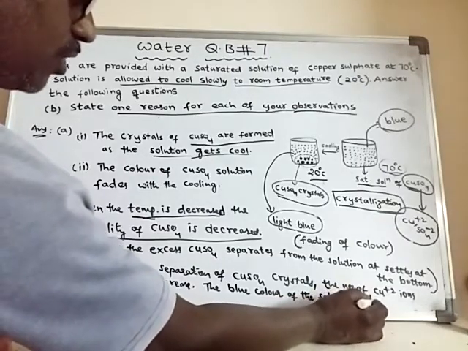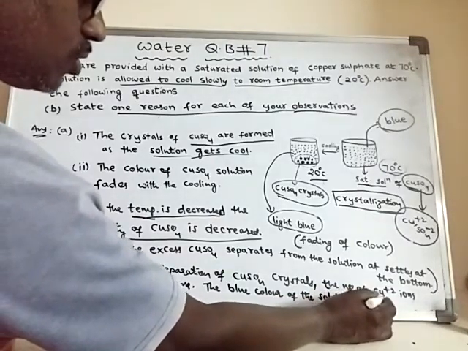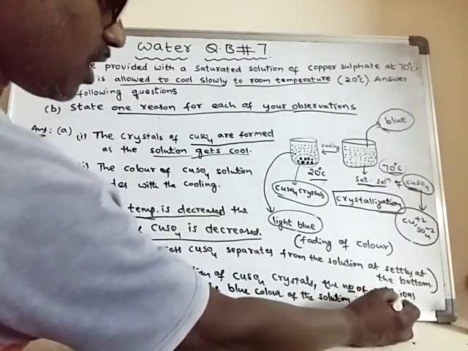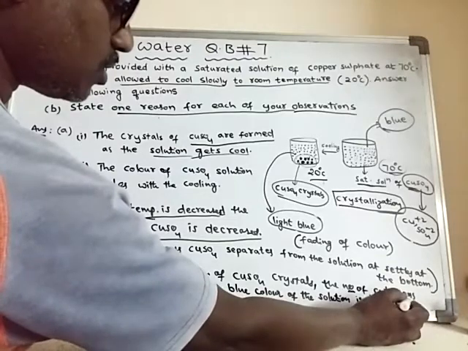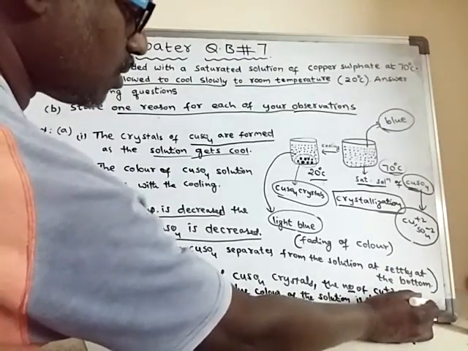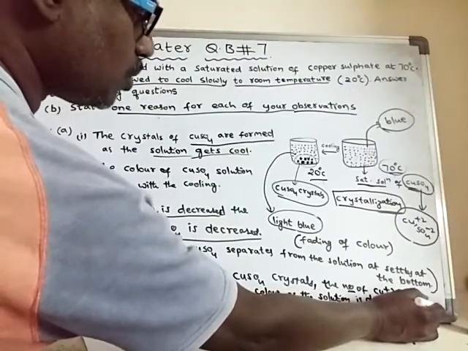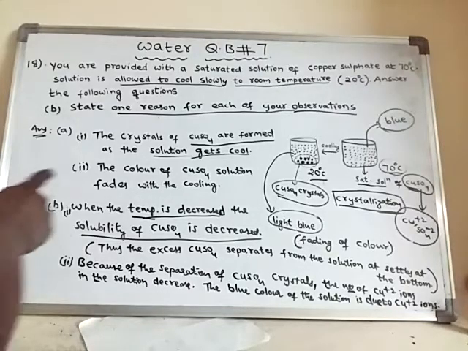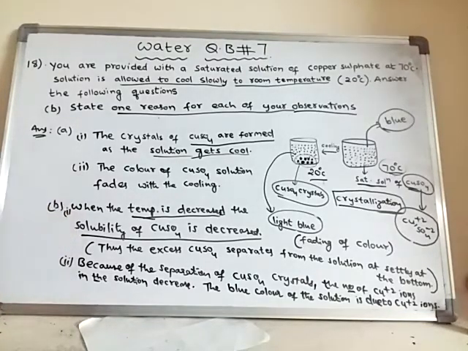The blue color of the solution is due to copper plus 2 ions. As the number of copper plus 2 ions decreases, the color of the solution gets faded. So this is the reason for this.